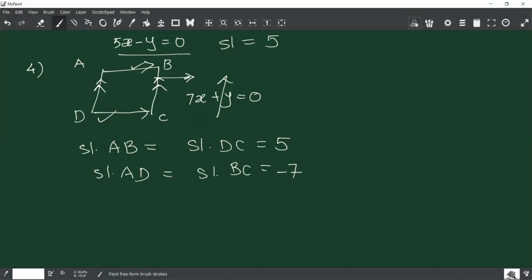The sides of the parallelogram are parallel to these lines, and if 1, 3 and -2, 4 is a pair of opposite vertices.